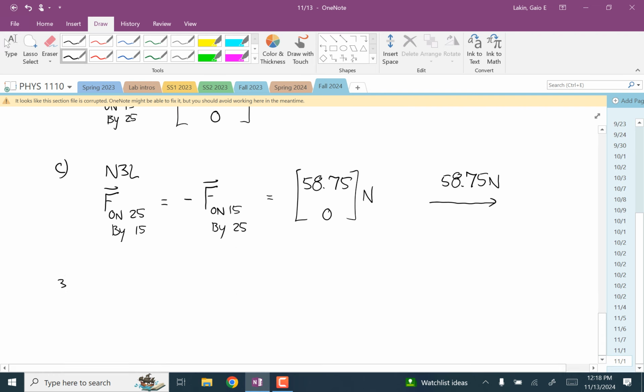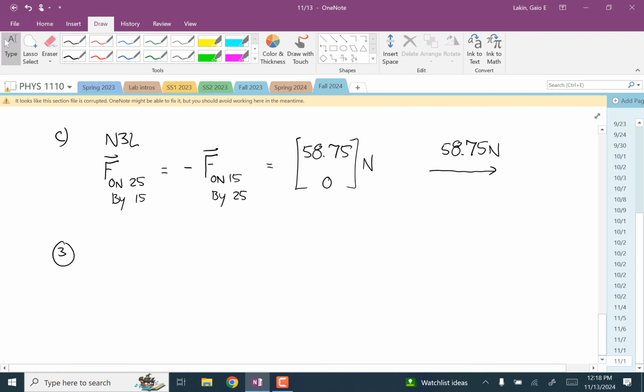Then number 3 was a friction problem. We have a ramp at an angle of 25 degrees. And a 10 kilogram mass is sliding up the ramp.